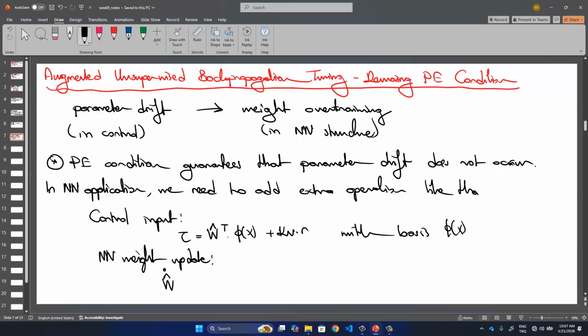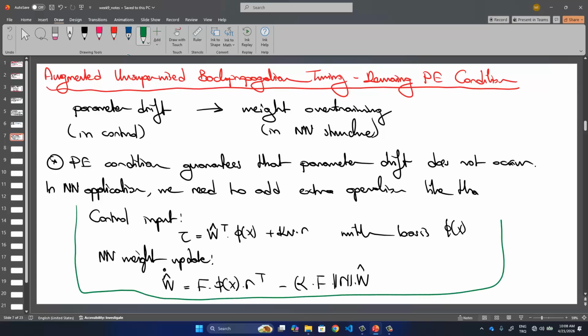W hat dot is equal to F phi x R transpose minus kappa times the norm of R times F times W hat. This is a stabilization term. And so where is it coming from? The idea of these terms, I can prove just like this.